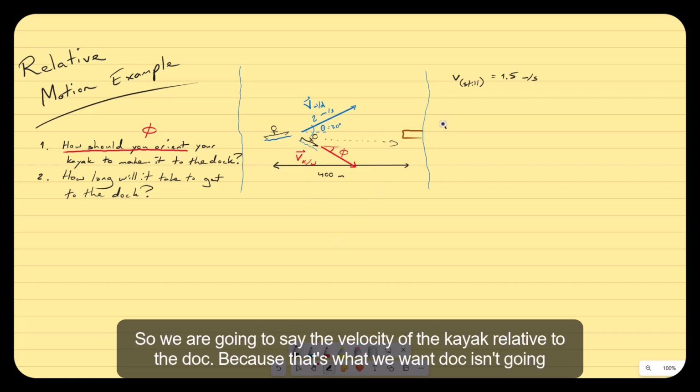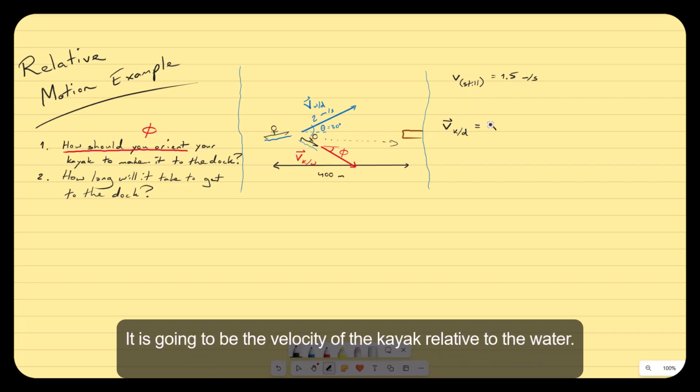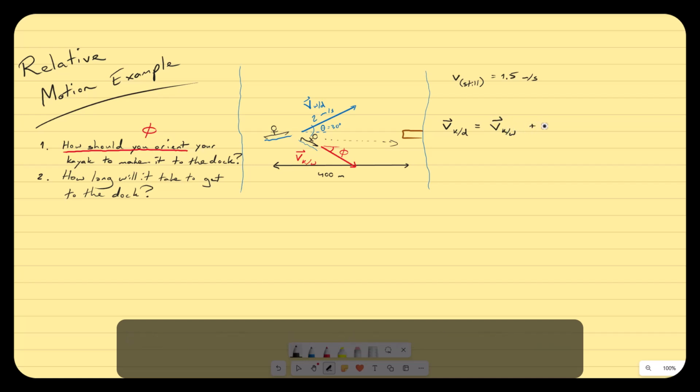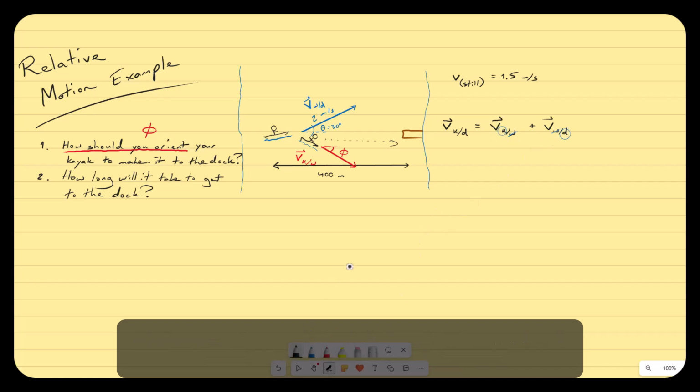So we are going to say the velocity of the kayak relative to the dock, because that's what we want, the dock isn't going anywhere, is going to be the velocity of the kayak relative to the water plus the velocity of the water relative to the dock. Just like before, water and water cancel, and we are left with kayak relative to the dock, and that's what we want.